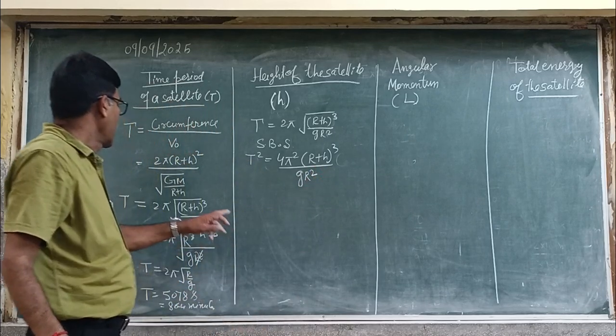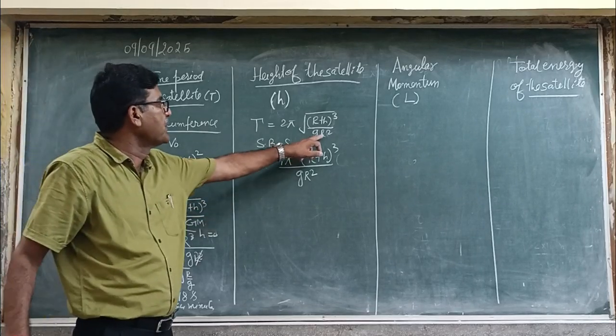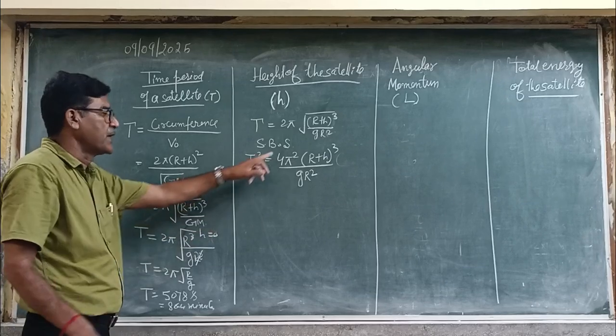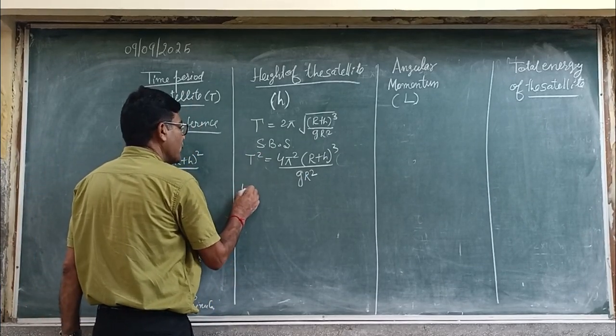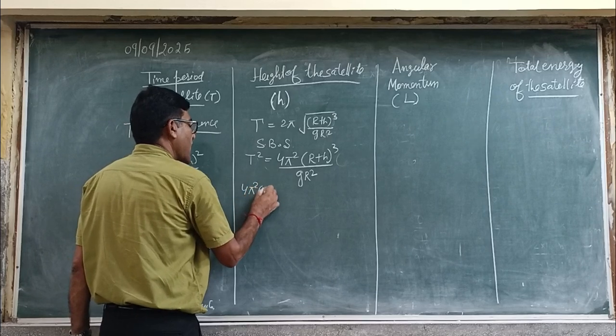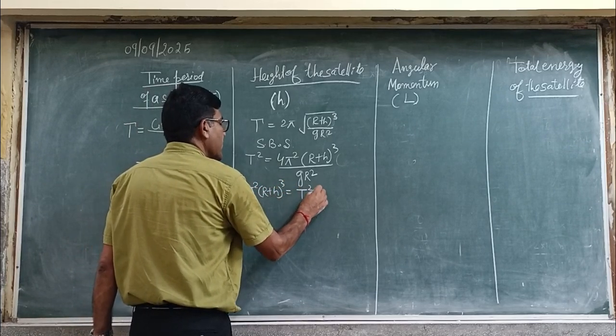What I have done, I have written this value of GM is equal to gR square, the relation between small g and capital G.